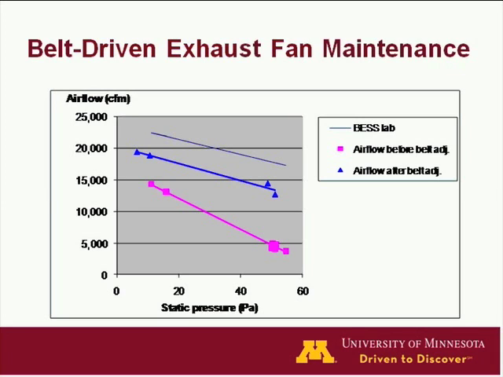In this particular case, it's pascals. 30 pascals is about a tenth of an inch. The fans that we were measuring, for whatever reasons, had belt slippage, and the red or pink line is actually the data that we recorded, and so the fan was moving probably half of the airflow rate that the BEST Lab said it was capable of.